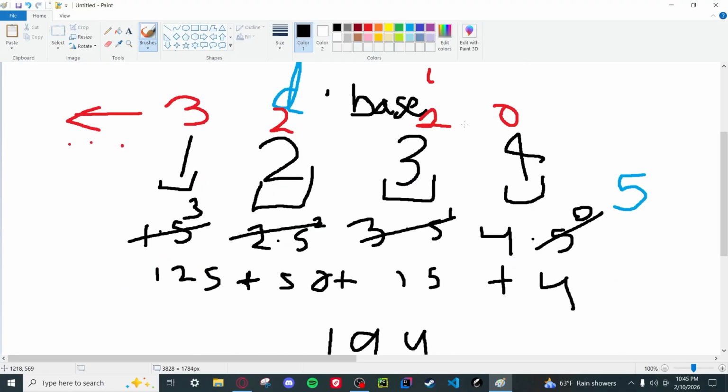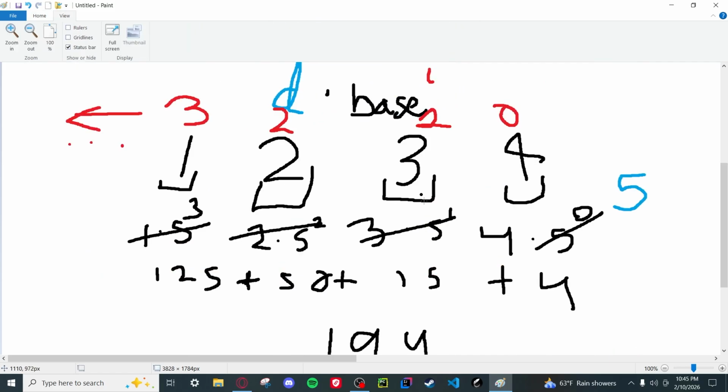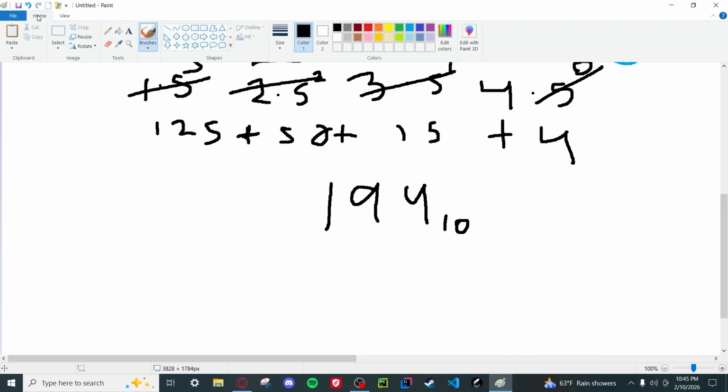This is the conversion, exact same formula, exact same steps. And I can also just make sure this is right. We got 194, so I can just say 194 in base 10 to base 5.